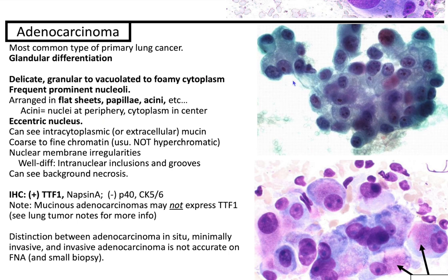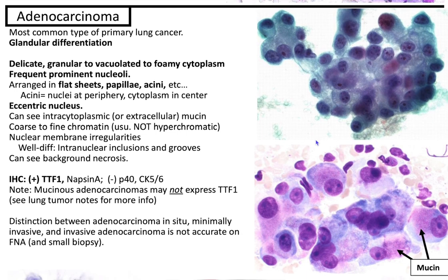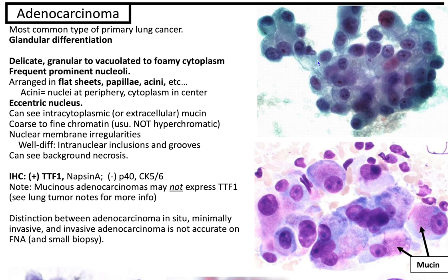And they oftentimes have this eccentric nucleus where it kind of extrudes outwards. You can see intracytoplasmic or extracellular mucin, and you can see a background necrosis, as well as coarse to fine chromatin, usually not hyperchromatic, and they do have nuclear membrane irregularities. And in well-differentiated adenocarcinoma, you can see intranuclear inclusions and grooves.